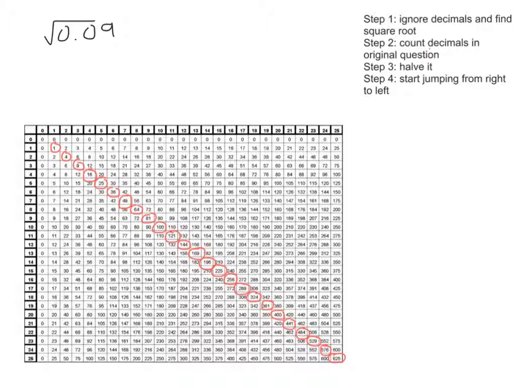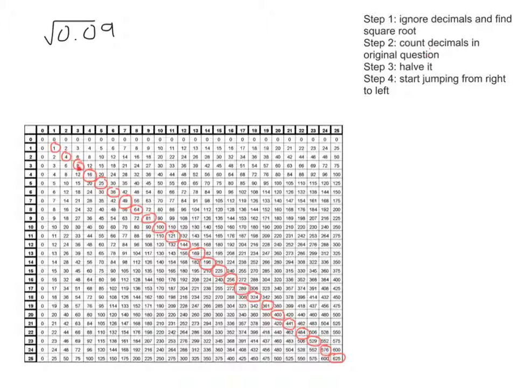So let's do another question. Here we have the square root of 0.09. Step 1, ignore decimals and find square root. So we ignore these decimals here and we find the square root of 9. So we know, because we've highlighted them, these are all the squared numbers. All these numbers were created by having the same number multiplied by itself.